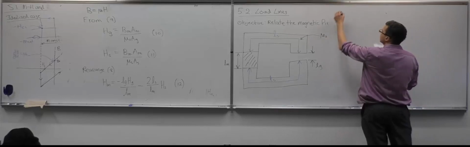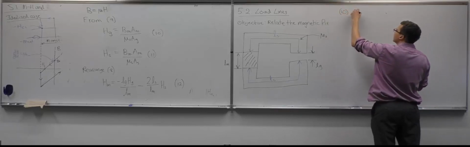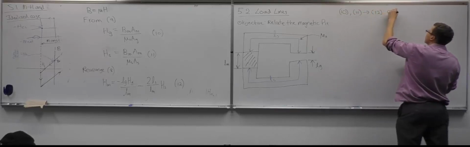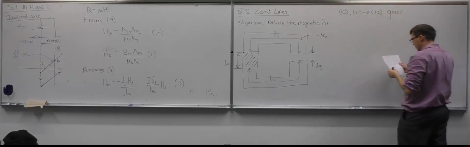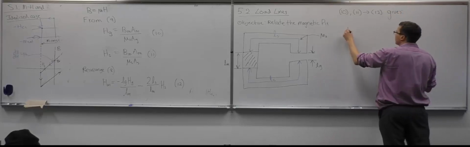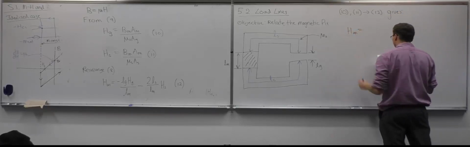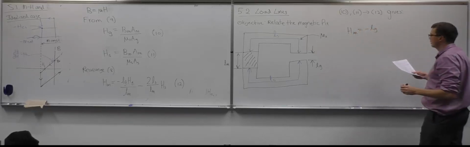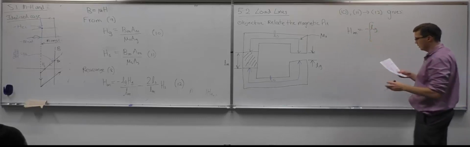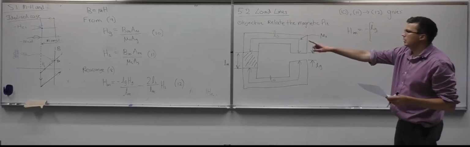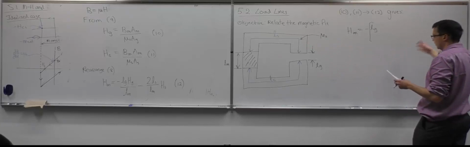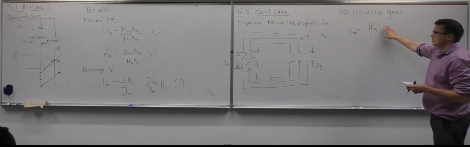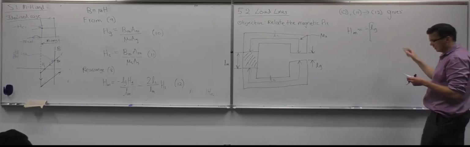So 10, 11 into 12 gives Hm is equal to minus Lg. Now I'm going to substitute it in, and I'm going to take the Bm out and put it on the outside. So we'll have just geometric and material properties in the square brackets.